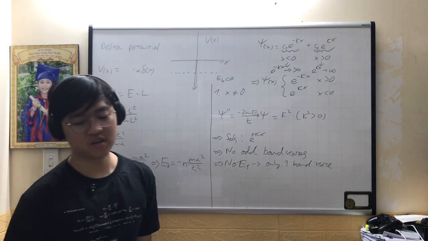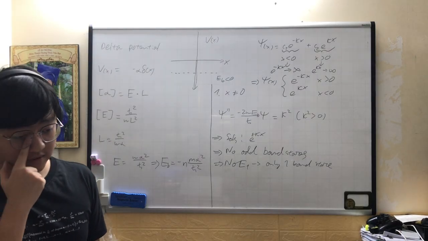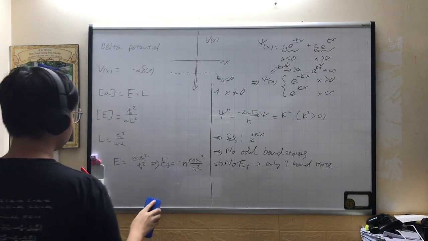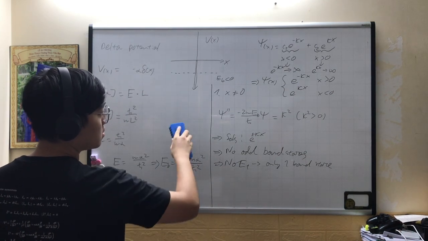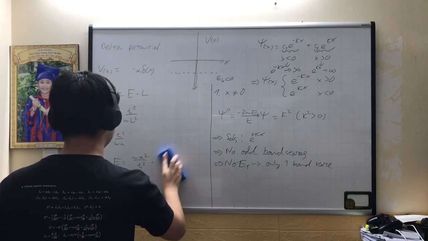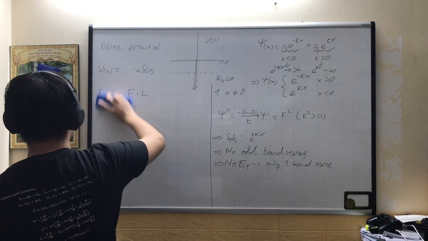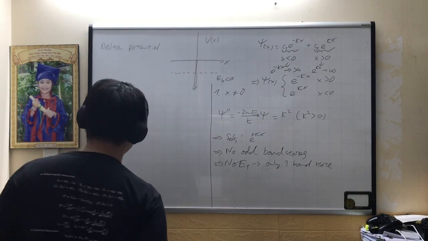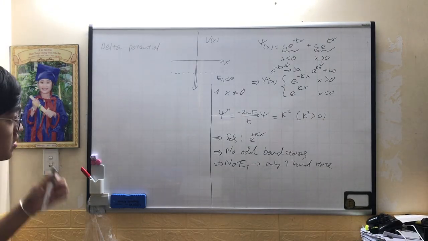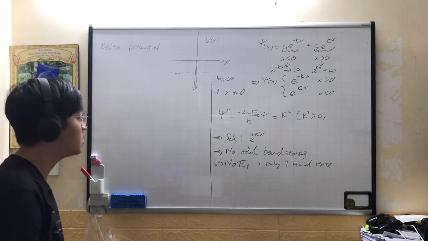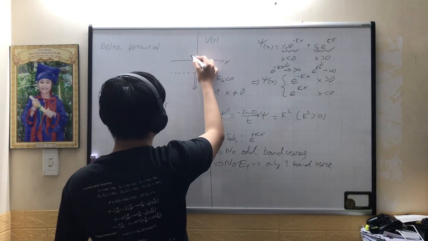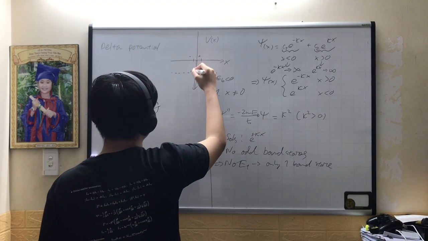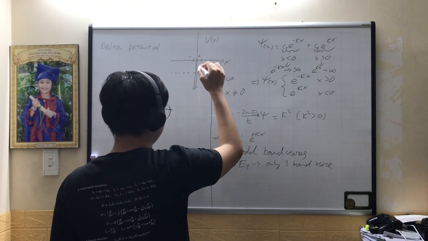Next, we would want to take a look at the differential equation. Let's just erase this over here. We're going to do this by the default method for delta potential, which is to integrate from a point very close to the delta function on one side to a point very close to the delta function on the other side.